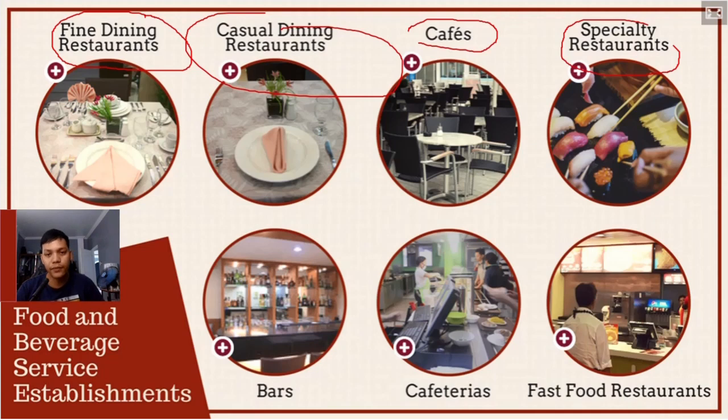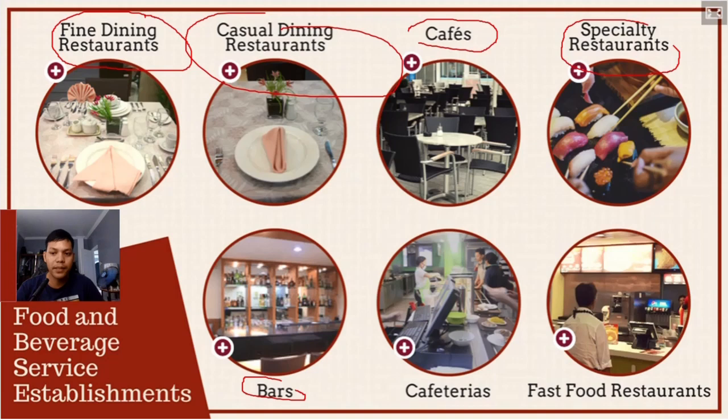For example, Mang Inasal has a specialized product, the Mang Inasal sinugbang manok, and the other menu items are just add-ons, but they have a special focus on a particular menu.